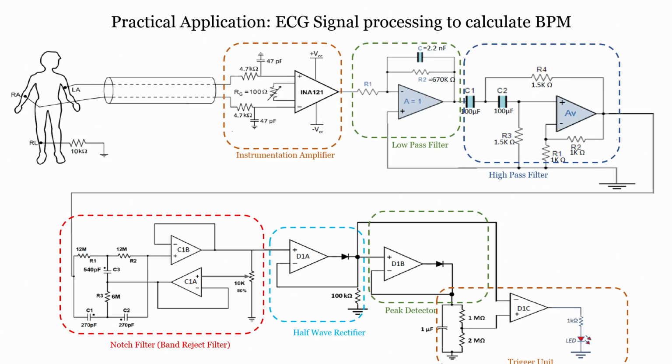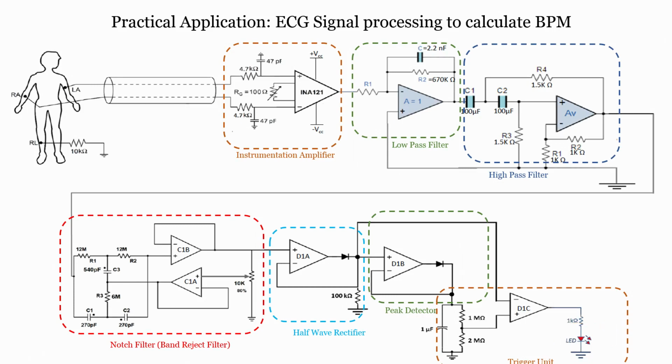Then we have a notch filter for the 50 hertz frequency. Then we have a half wave rectifier, because we are interested only in the positive part of the QRS, and then we have a peak detector which will detect a peak for every QRS signal, and finally we have an LED. That LED will help us understand how many beats per minute these QRS signals are generating, and that will help us count the number of beats, right.